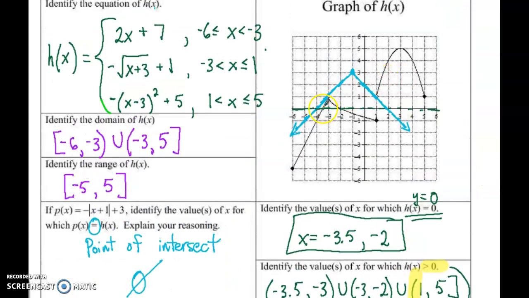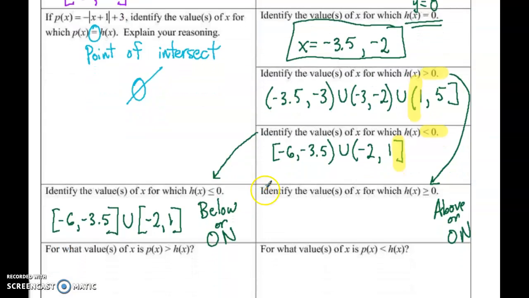So definitely above at negative 3.5, but now it's on, so we can include that. We still can't include negative 3 because it's undefined, but we can include negative 2. We cannot include 1 because it's undefined, but we can still include 5. So it does certainly change some of the things, but not all of them.